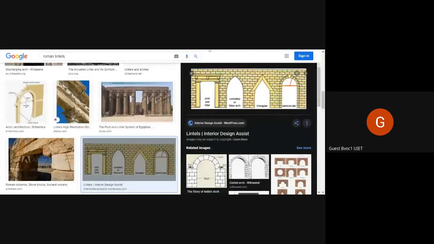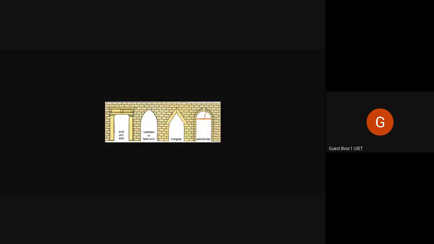Okay, I'm going to show you a few images. Is this visible? Yes, ma'am. In this image, you can see these are all bricks or maybe stone pieces, stone bricks, right?